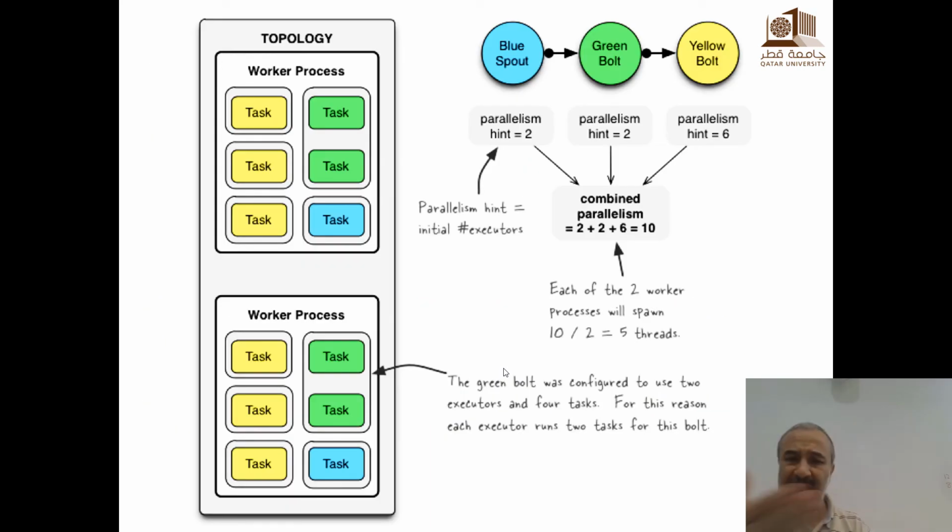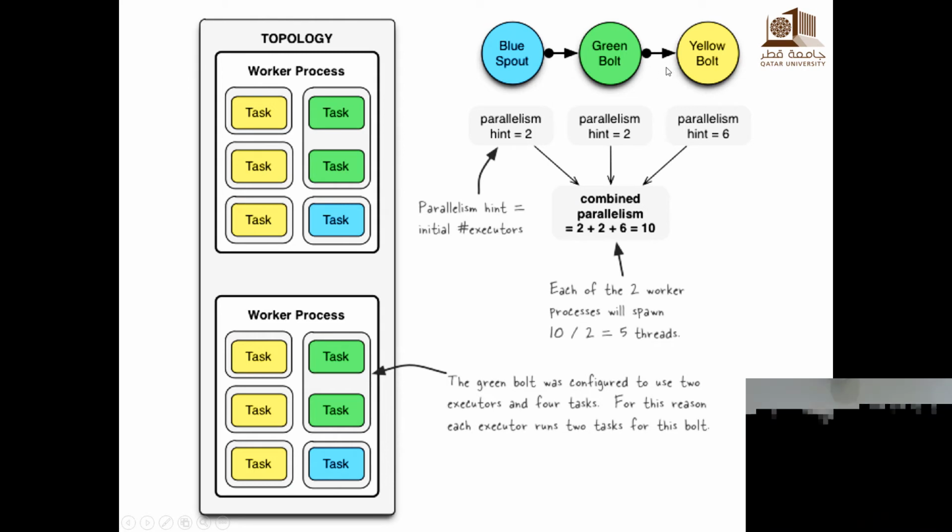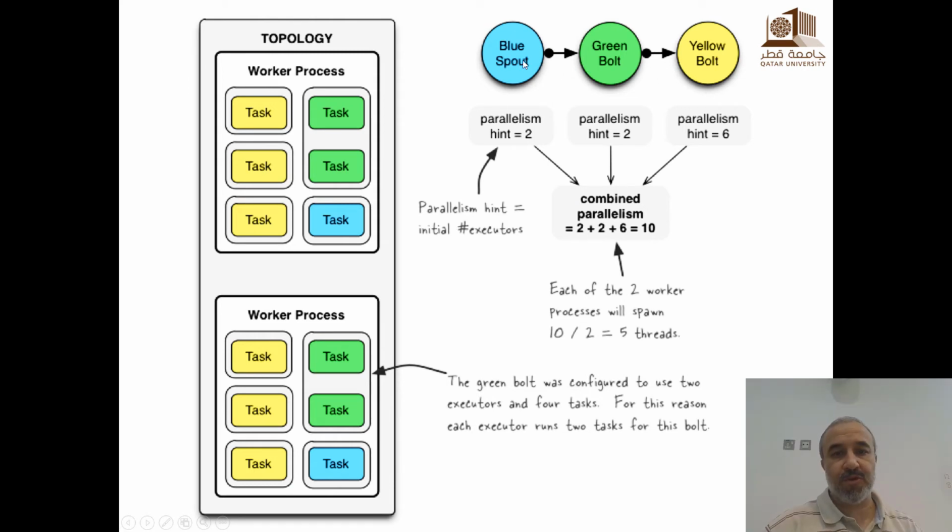Okay. Here is another example. Let's say that we have this topology. We have a blue spout, a green bolt, and a yellow bolt. The user can specify the number of tasks through the API using what is called Parallelism Hints. Okay, so this number is actually the number of executors, the total number of executors that you want for this element.